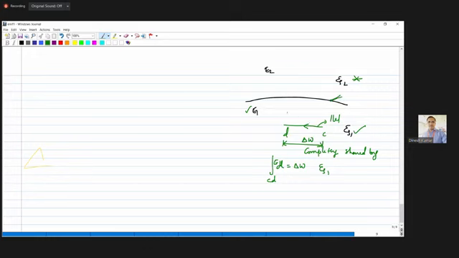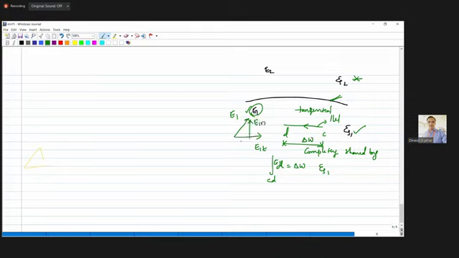In parallel with the boundary, we have to go for the tangential component of E1. So this is E1, this is E1t, and the normal component is E1n.